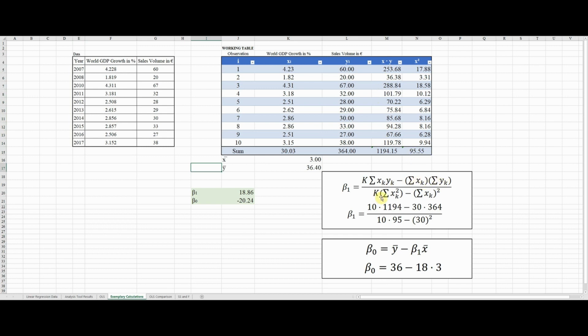Below, again, your number of elements. Then you have the squared x and sum it. Just be careful here that you square first and then sum, rather than summing and then squaring.